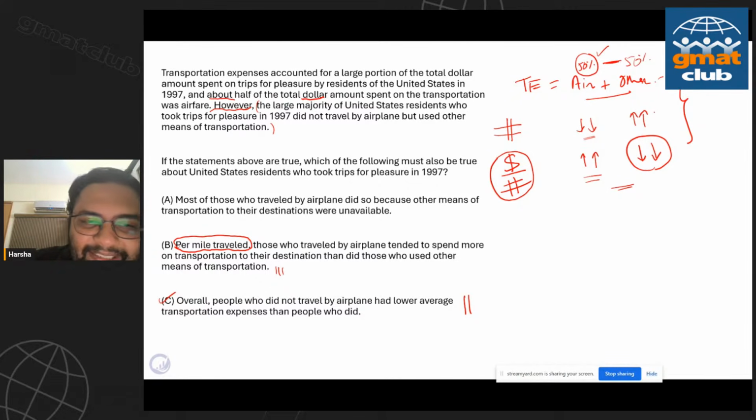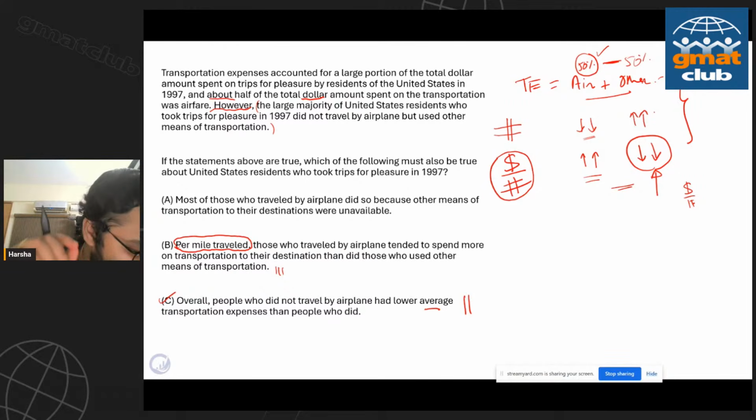So yes, C is clearly right. Overall, people who did not travel by airplane had lower average transportation expenses. So what average is this? This is essentially dollar per person. We're talking about people on average, so it's dollar per person. That's why choice C is right.